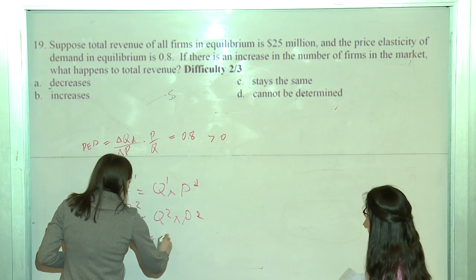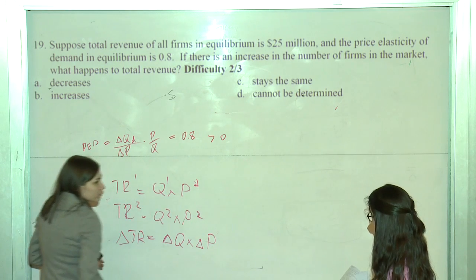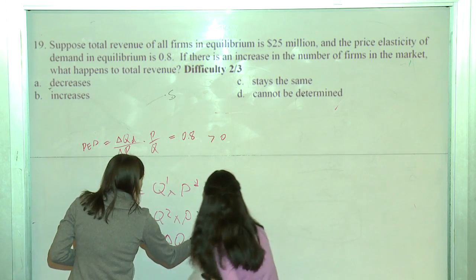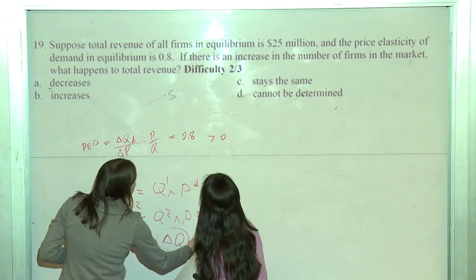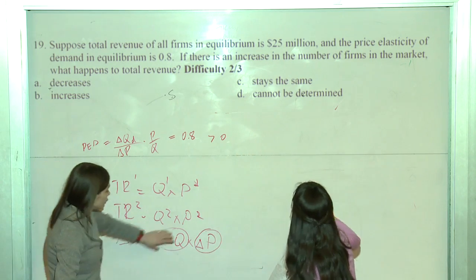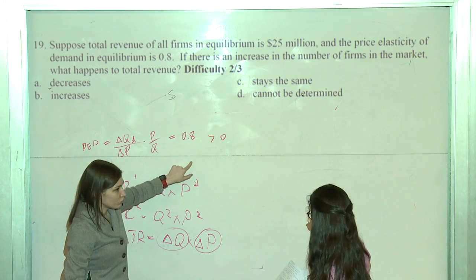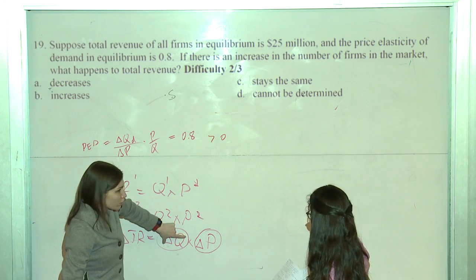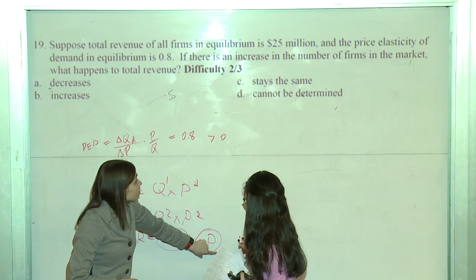Okay. It's going to be the change in quantity times the change in price. Price goes down, but the quantity, because the elasticity is 0.8, if you change the price by 1, this is only going to change by 0.8.